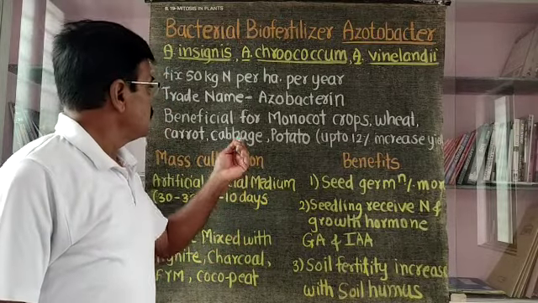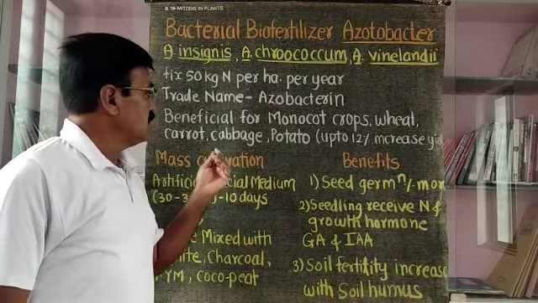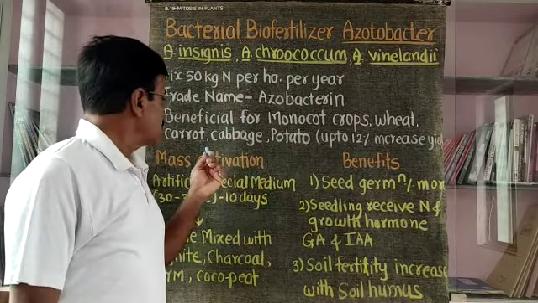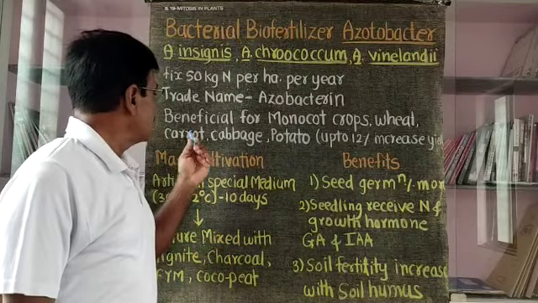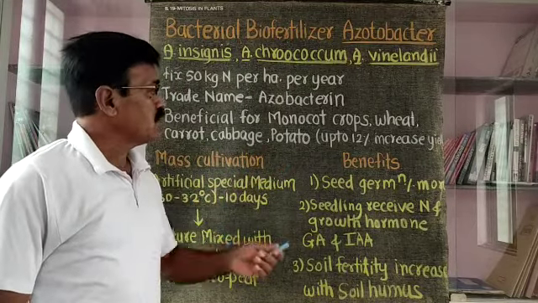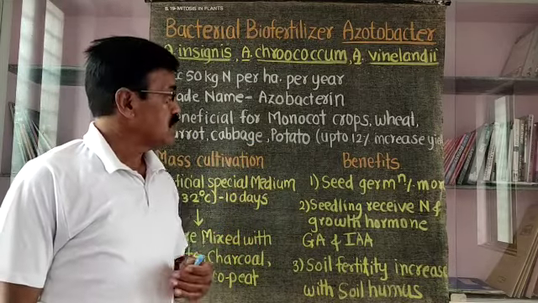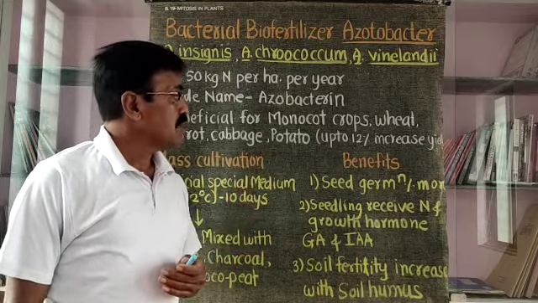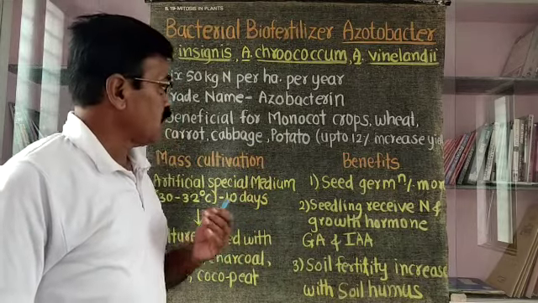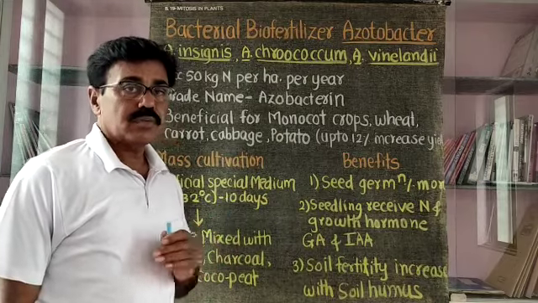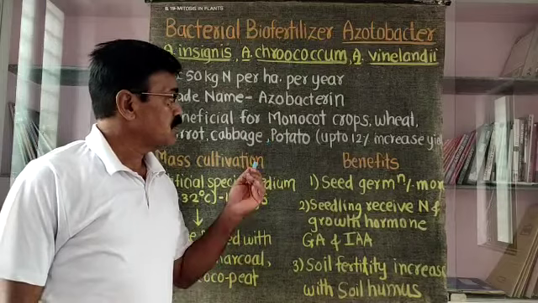Some dicot crops and vegetables, such as carrot, cabbage and potato, are also beneficiaries of this biofertilizer. About 12% yield increase is seen due to the use of Azotobacter in the field. That means practically up to 12% yield can be increased.